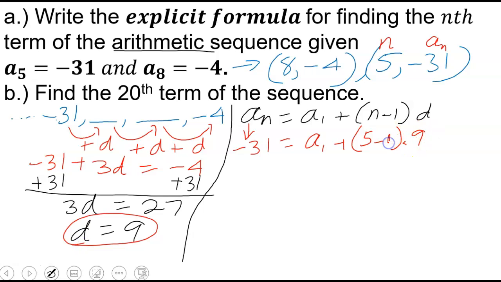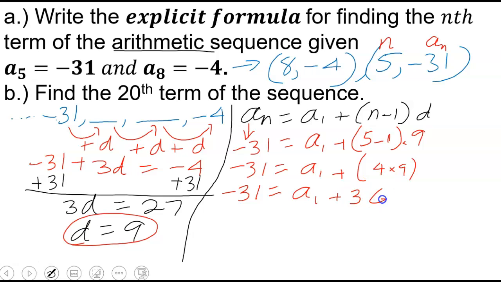So we're going to simplify it. -31 equals A1 plus 5 minus 1, which is 4, times 9. 4 times 9 is 36. So -31 equals A1 plus 36.